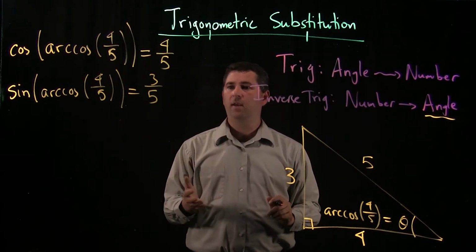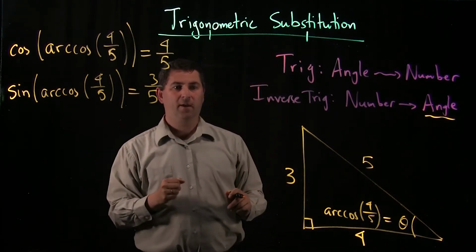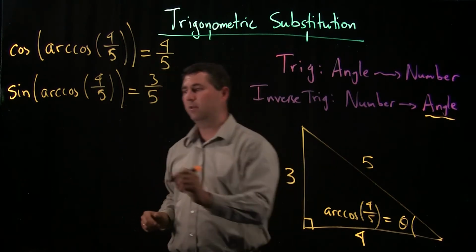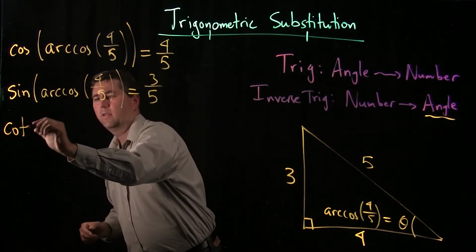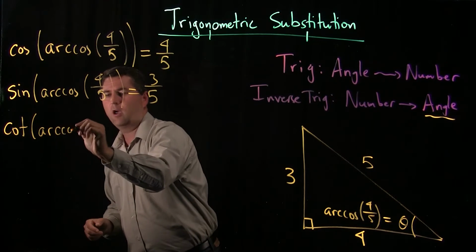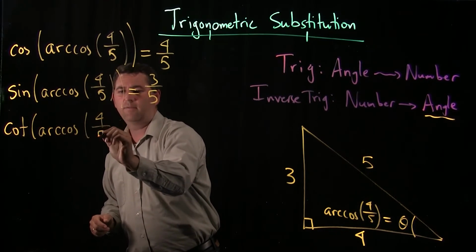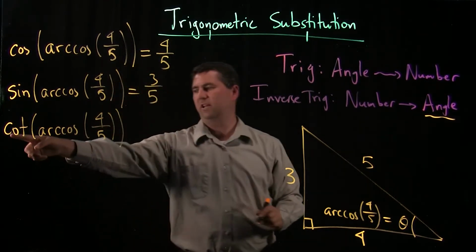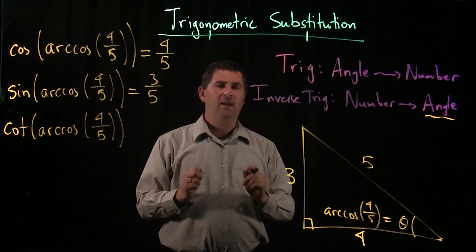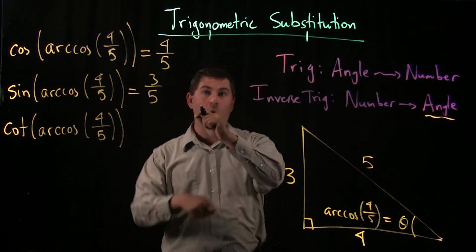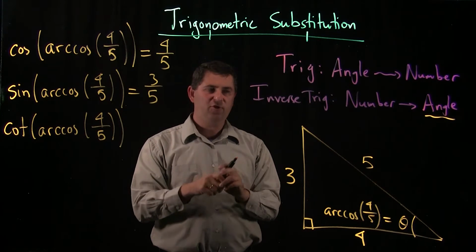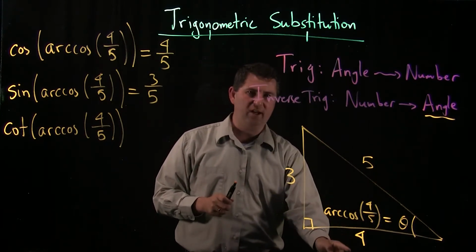Let's pick another one. Yes, you over there. Cotangent. Okay, yes, we can do the cotangent. The cotangent of the arc cosine of 4 over 5, well, we just need to know how to find the cotangent of an angle. Cotangent is 1 over tangent. So tangent is the opposite over the adjacent.